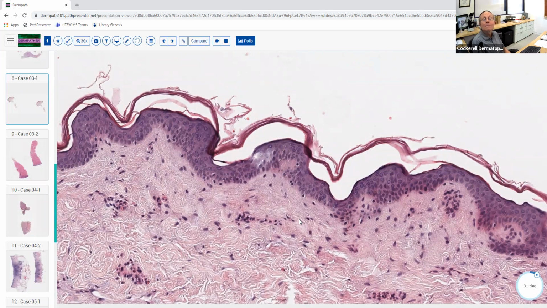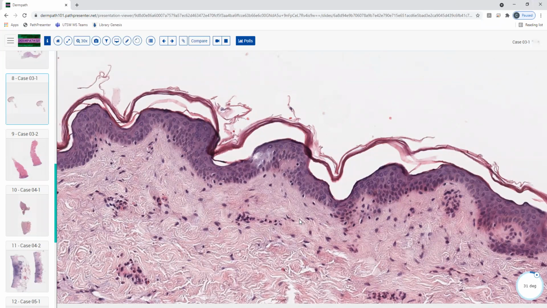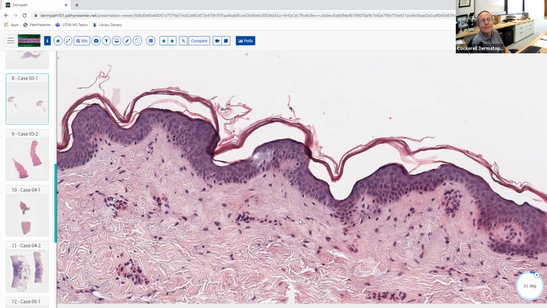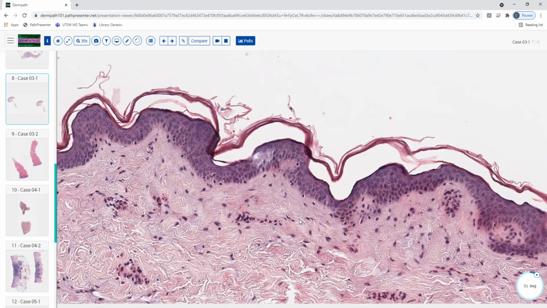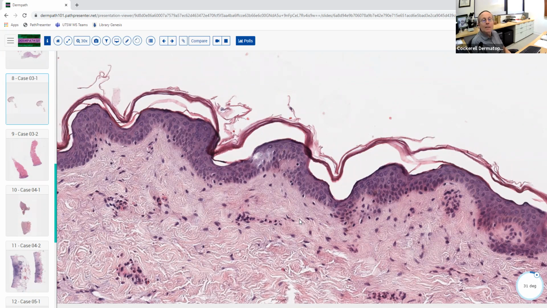No. It's normal. There's nothing wrong with it. So we can rule out things like fungus, axillary granular parakeratosis, exogenous tattoo, ichthyosis. So you can rule out a lot of stuff there. This is a rule out deal here. So it's a little harder.